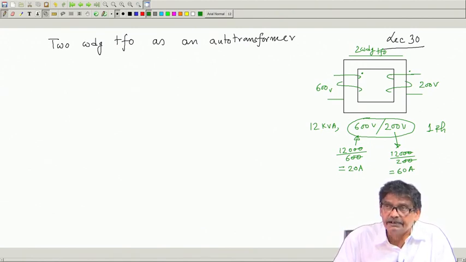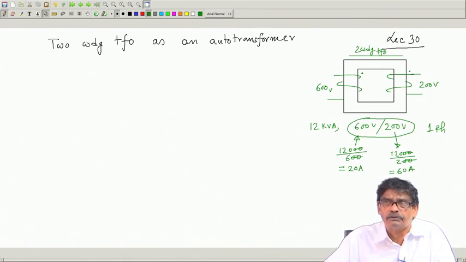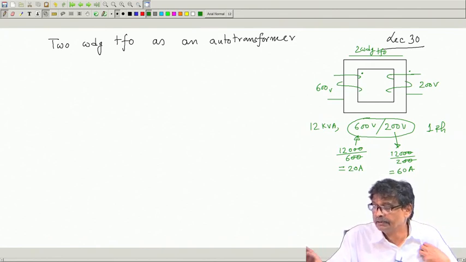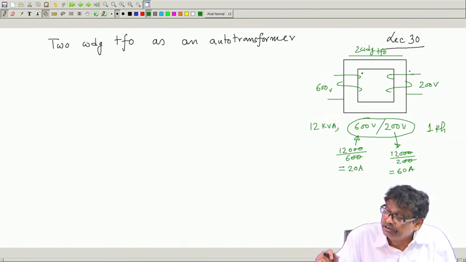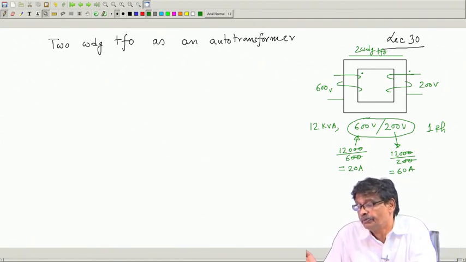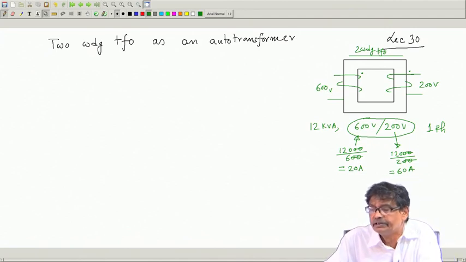The 600 volt can of course be transformed to 200 volt to supply a 200 volt load. But suppose you require 800 volt. Is it possible to use this two winding transformer whose input voltage will be 600 volt, but output voltage will be 200 volt? The answer is yes, it can be used, provided you suitably connect these two coils.